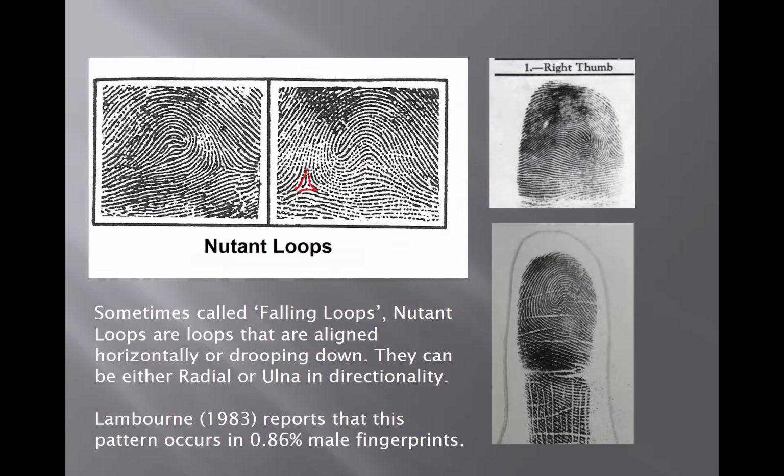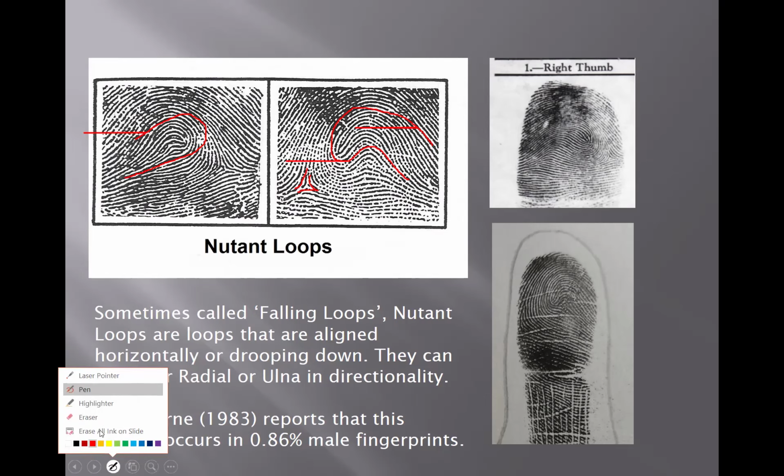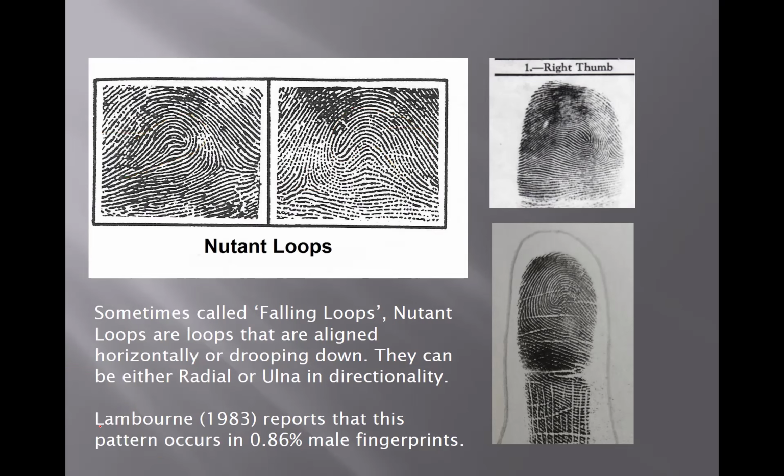But what you'll notice about this particular formation of the loop is instead of it going up, the loop is either going quite horizontally, as in the case here, or, as in this case, is kind of rising up and then falling down like that. So the loop pattern is present, but it's not in the usual form. And you can see the two live examples from the prints on the right as well.